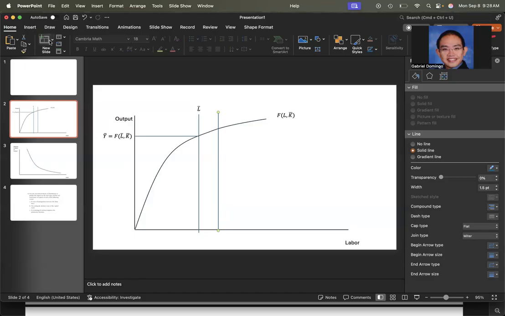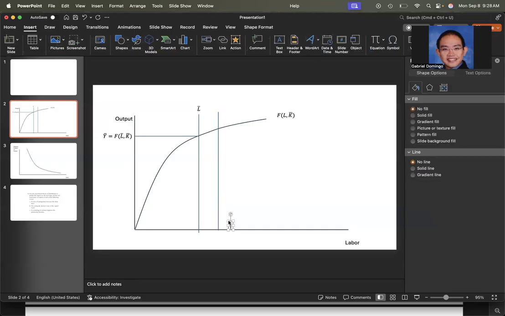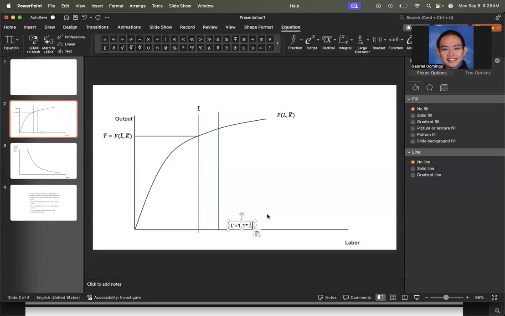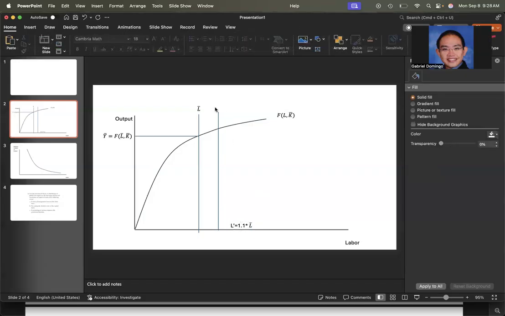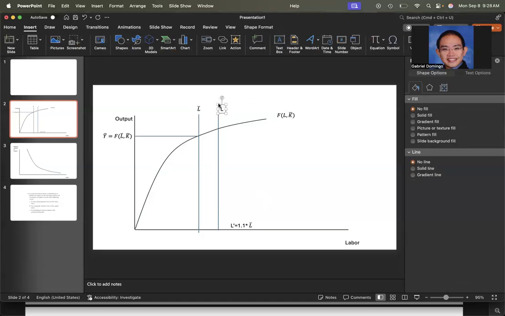Let us now insert a text box, where L prime equals 1.1 times L bar. So I'm just going to copy this L bar here: 1.1 star L bar, right? So now this is your new L, which we will call L prime.